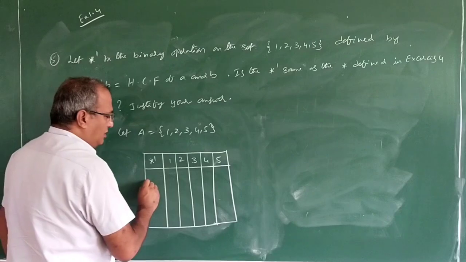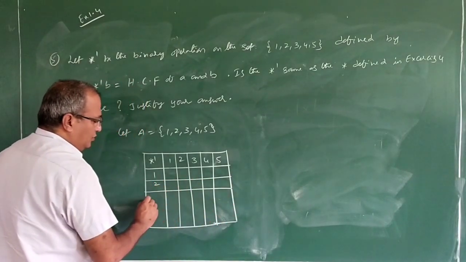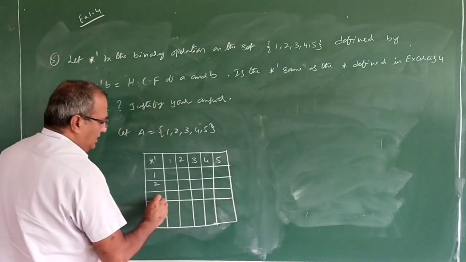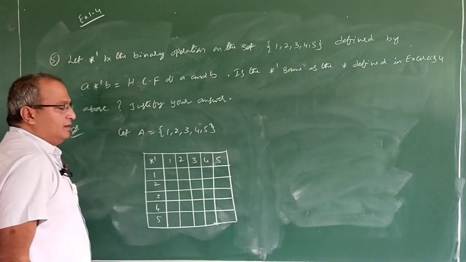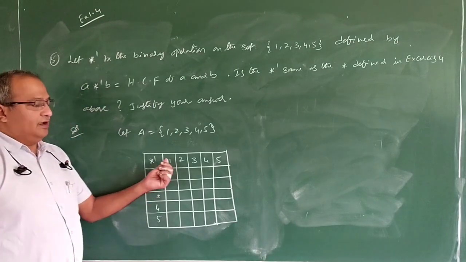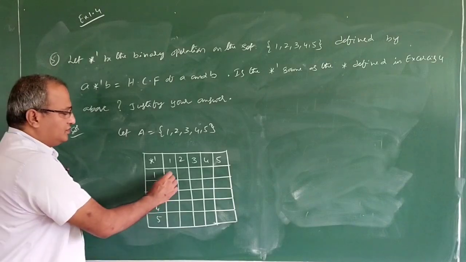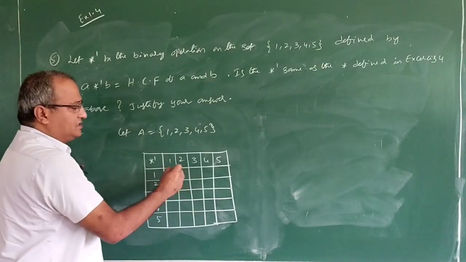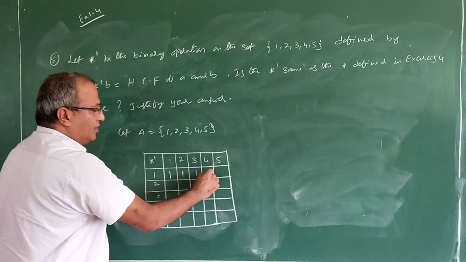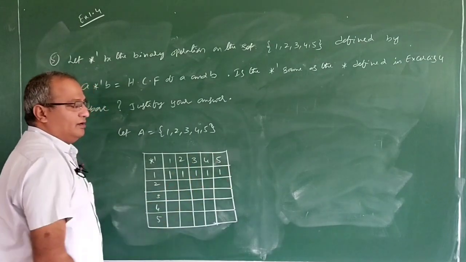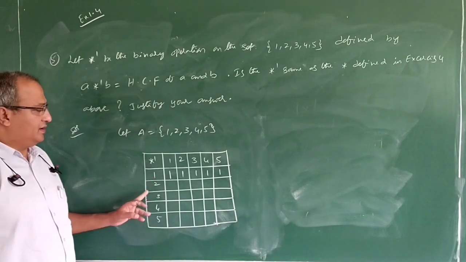Horizontally we take all elements of set A, and vertically 1, 2, 3, 4, 5. Now 1, 1: the common factor is 1, so the highest is 1. So 1, 2: the highest common factor is 1. 1, 3 gives 1. 1, 4 gives 1. 1, 5 gives 1.